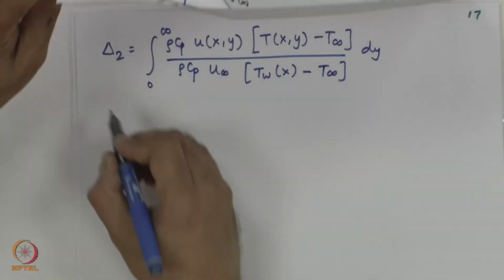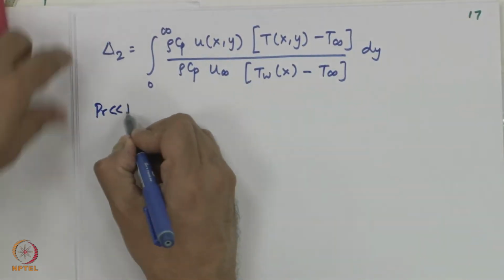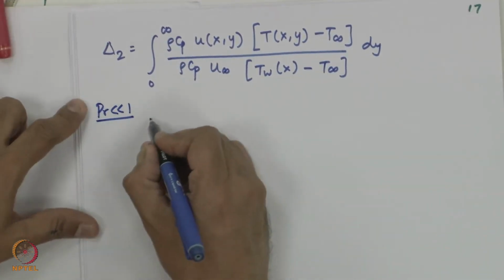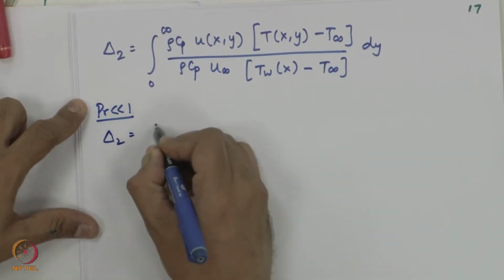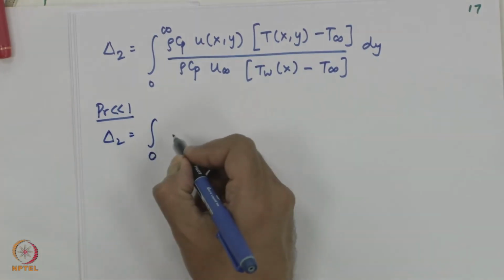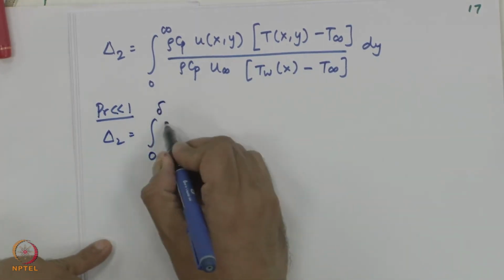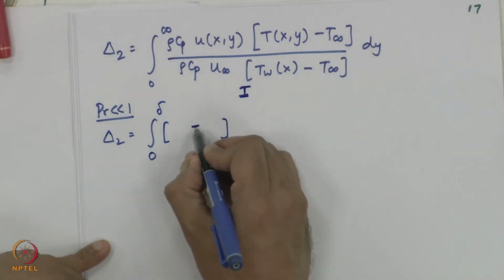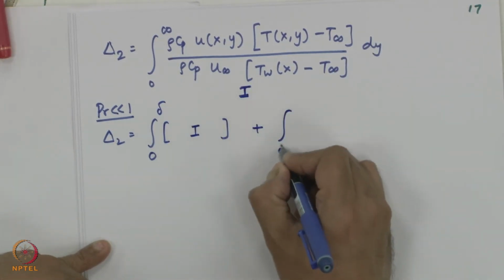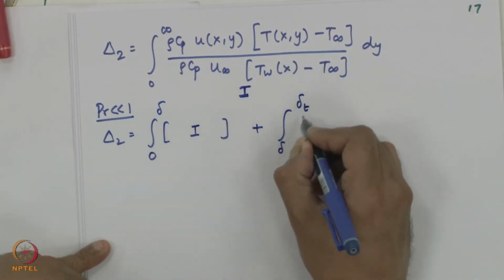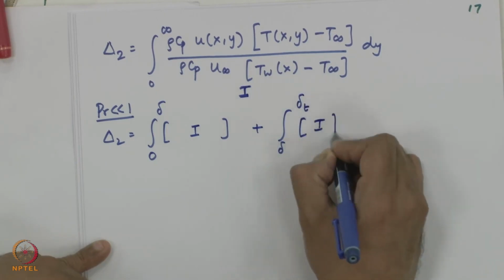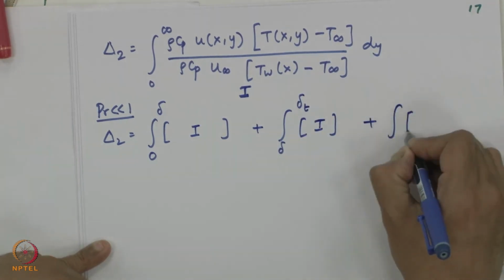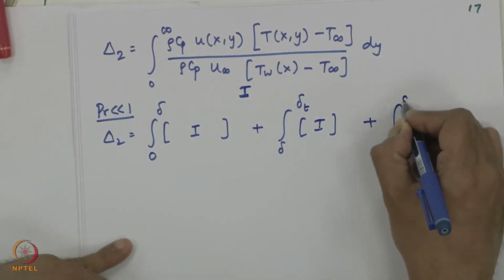In this case, Pr less than 1 case, it has to go from 0 to delta, I call this integral I, delta to delta T, and then delta T to infinity.